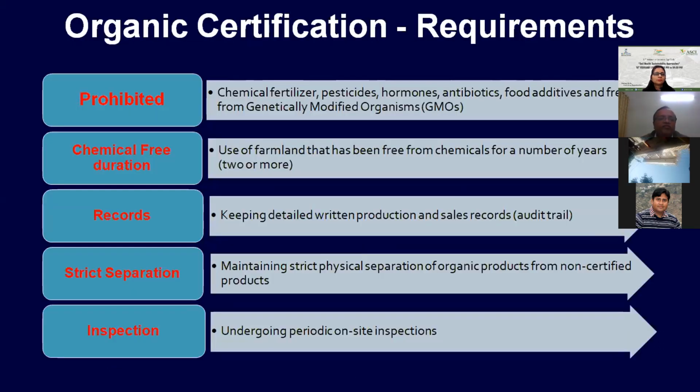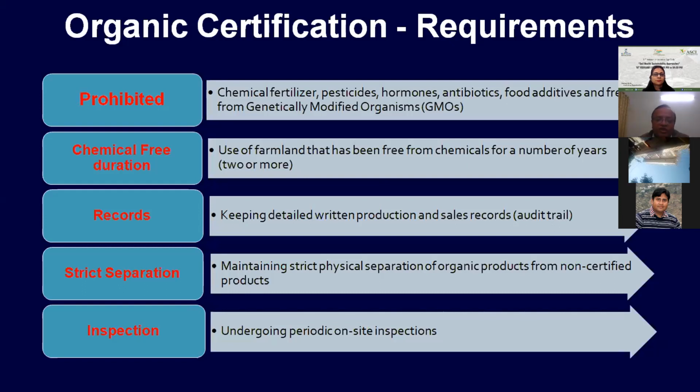For organic certification, there are 5 major pillars. There is a prohibition of chemical fertilizer, pesticide, hormone, antibiotics, and food additives, and the crop needs to be free from any genetically modified organism or seed.